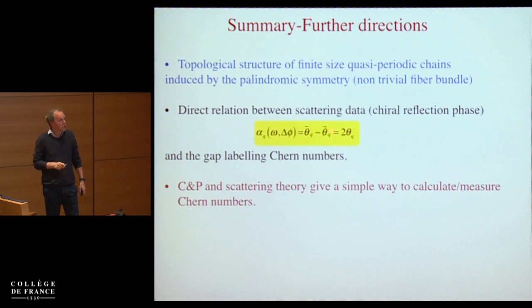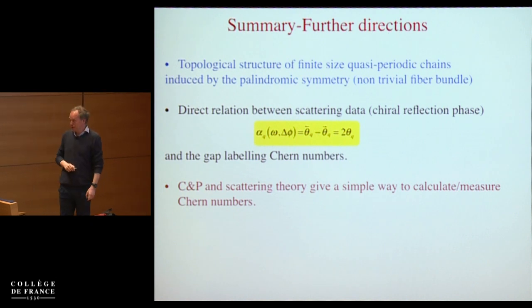So by measuring this, you can measure directly the Chern numbers. And the cut and project method and the scattering theory give a simple way to calculate or to measure, this is a question for numerous colleagues here, the Chern numbers.